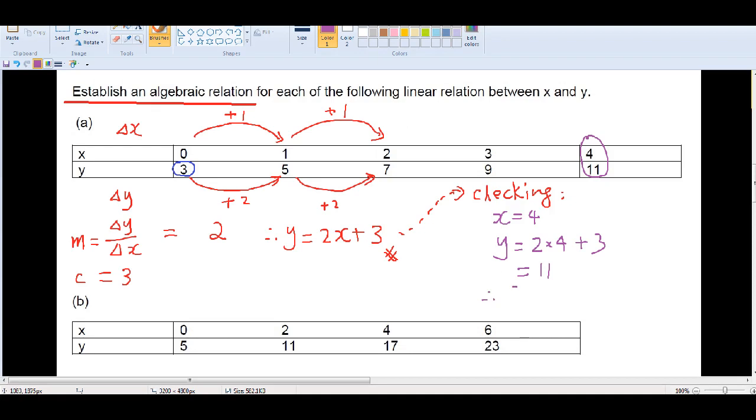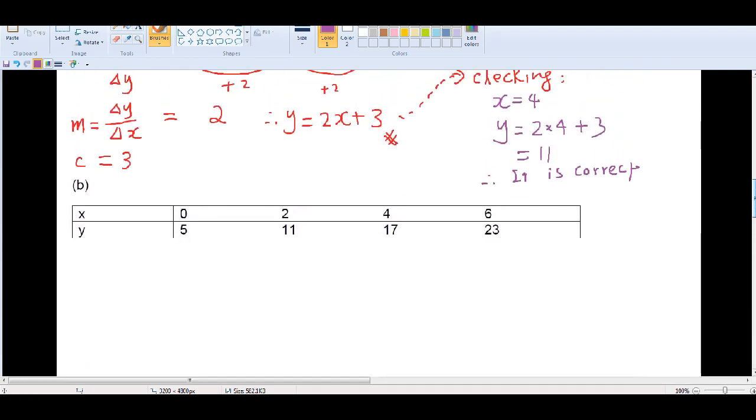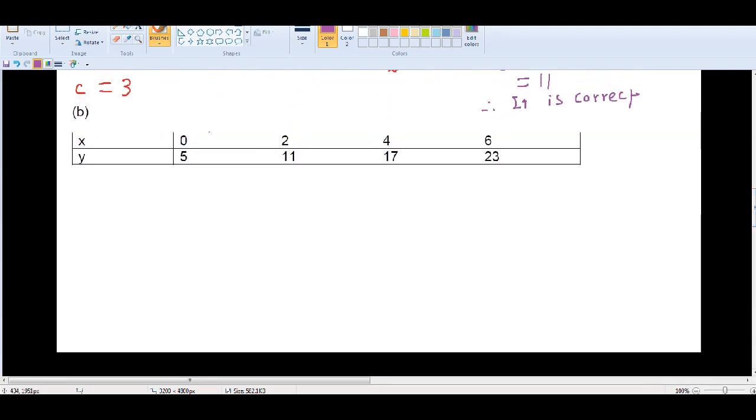It is correct. In the examination, it's not necessary for you to show your checking, but it's a very good habit to check the answer with another pair of data to see whether you got it right. Okay, so let's find another algebraic representation for this pattern.